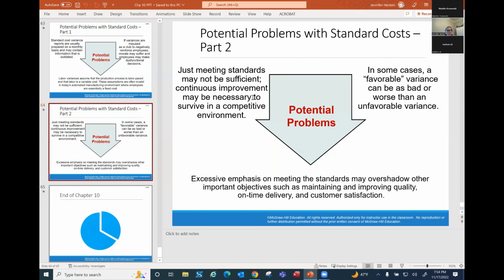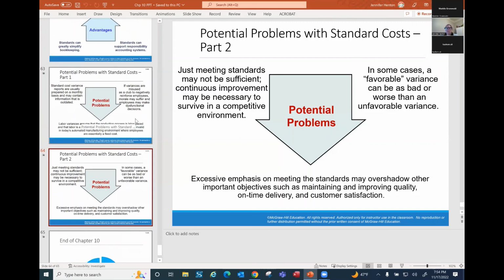And then we have excessive emphasis on meeting the standards. They may overshadow other important objectives, such as maintaining and improving quality, on-time delivery, and customer satisfaction. So you don't want to have those standards in place and then jeopardize the operations of the business. You want to make sure that you're still maintaining that customer satisfaction.